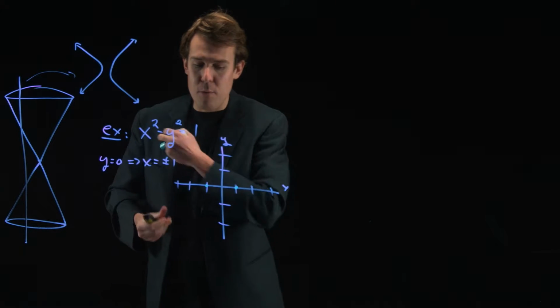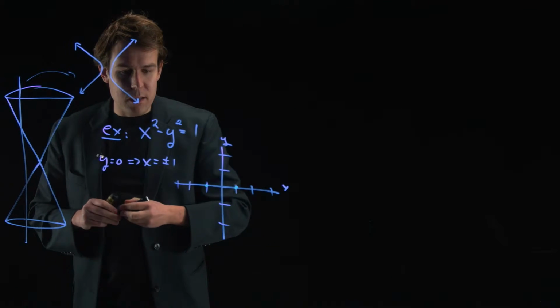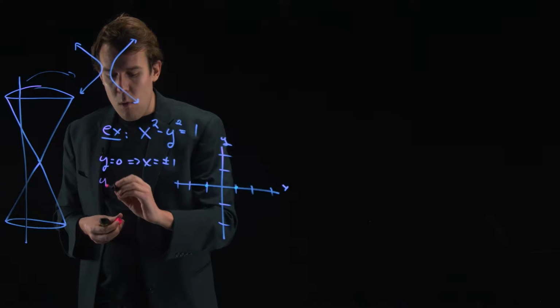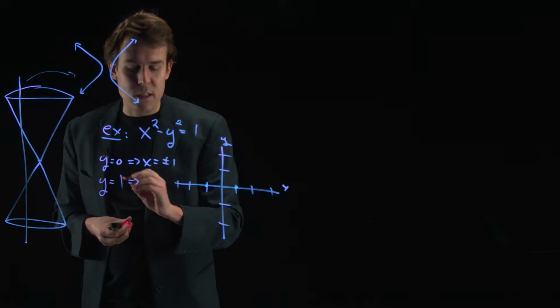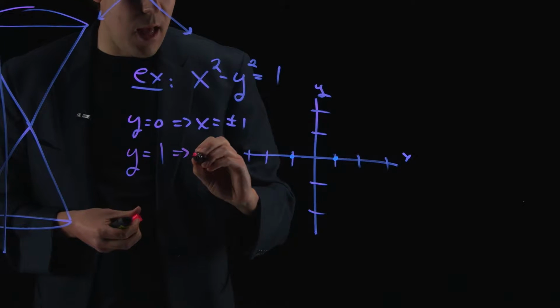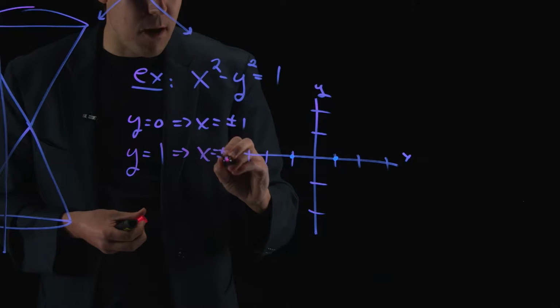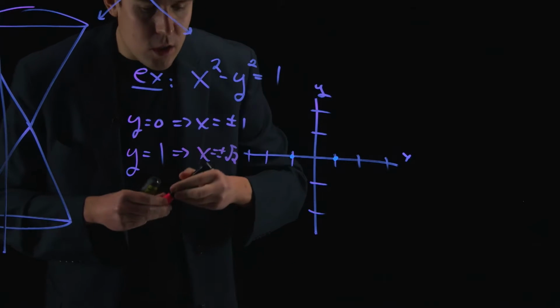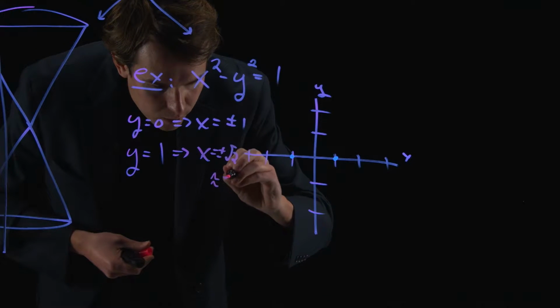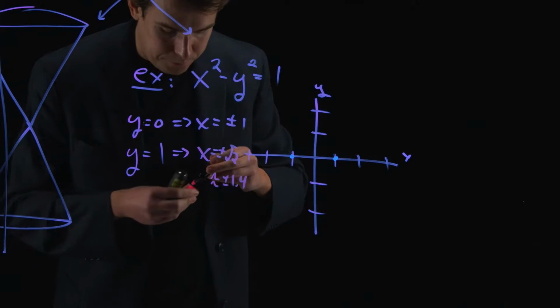Let's think about some other points. How about if y is equal to 1? That tells me that x needs to be equal to plus and minus square root of 2, which is something like plus and minus 1.4.